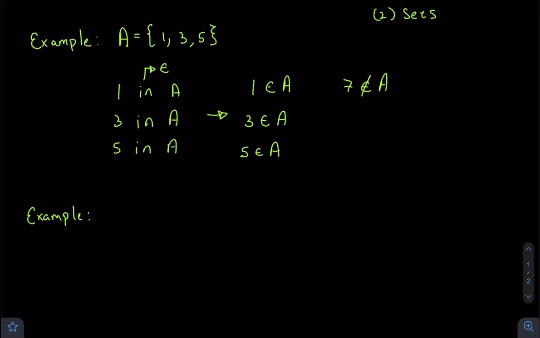So let's say I have another set, call it set B, that contained 2 sets. It contained this set, which is a set that contains the elements 1, 3, and 5. And let's say there was another set in set B that was the set containing 2, 4, and 6.